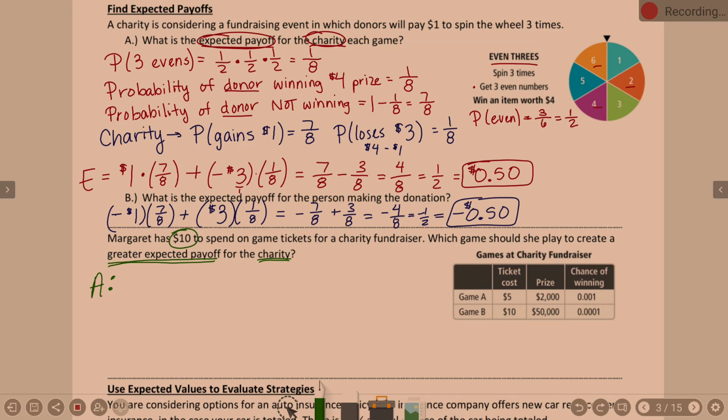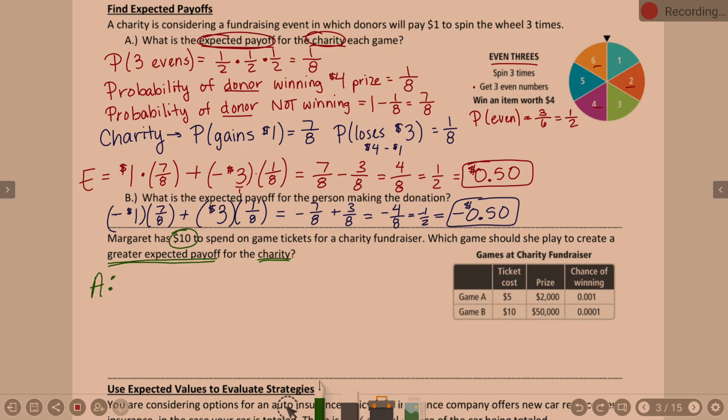We're talking about charity. So, what's the charity get out of the deal if we play game A? Each time we play it, they get $5. What do they risk losing? $2,000. What's their chance of losing $2,000? 0.001.